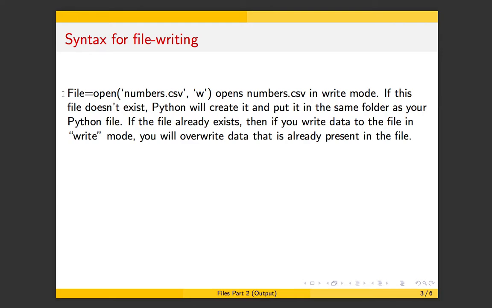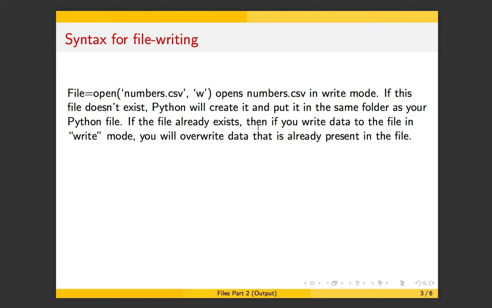This line of code opens numbers.csv in write mode. And by the way, if this file doesn't exist, Python will create it for you and put it in the same folder as your Python file. So you can use this line of code to just create a file from nowhere, write your information to it, and now that information is saved.